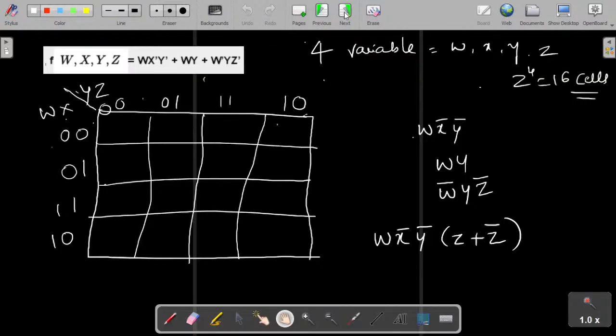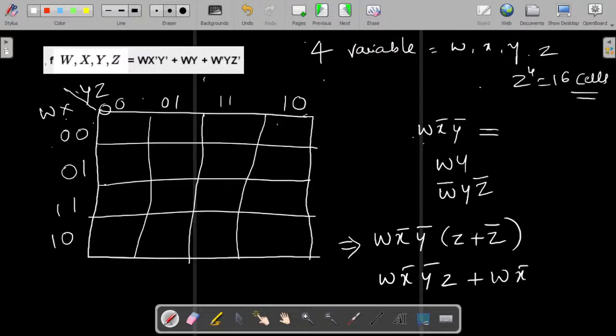This particular term is equivalent to w x bar y bar z plus w x bar y bar z bar. Now here w and x bar means what? Here it is 1 0, and for the z values 0 and 1.